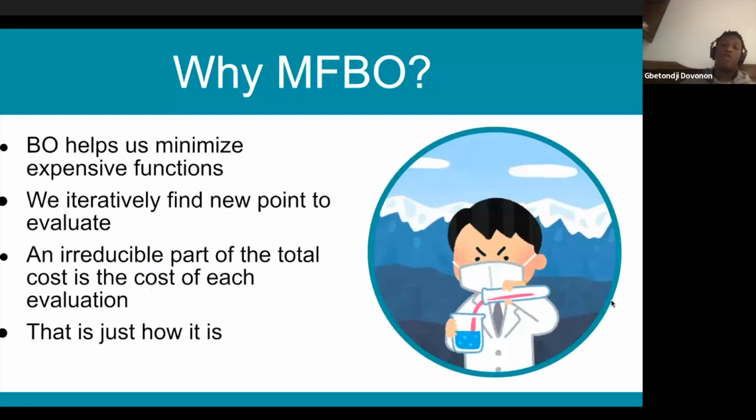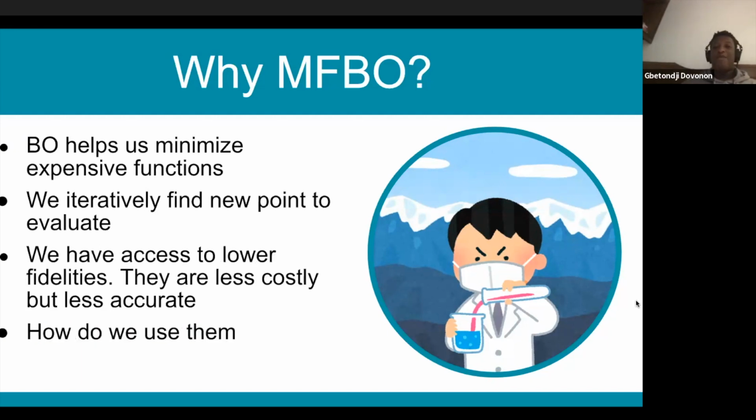Now, why should we use multi-fidelity Bayesian optimization? Bayesian optimization helps us optimize expensive functions. We iteratively find new points to evaluate, but an irreducible part of the total cost is the cost of each evaluation. One would think that that's just how it is, but no, that is not just how it is.